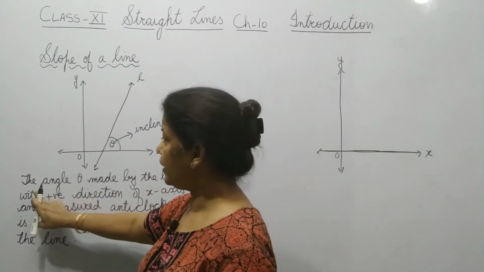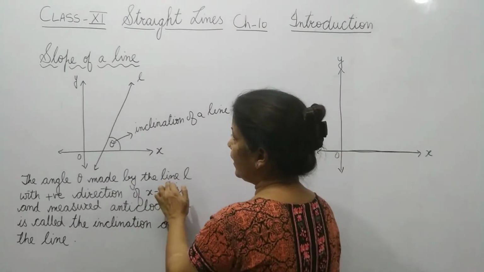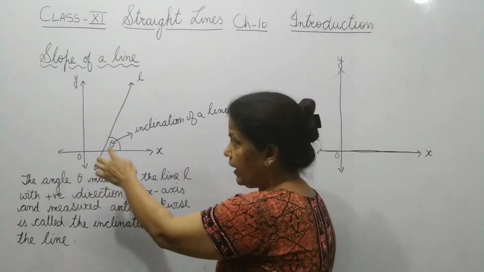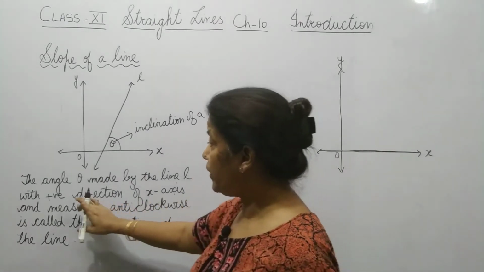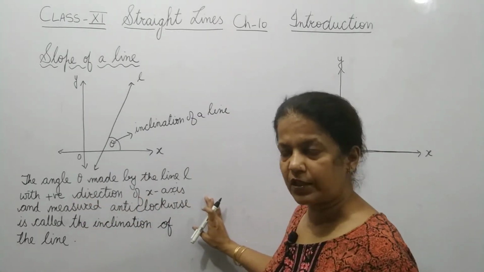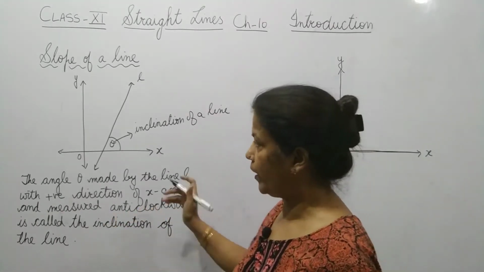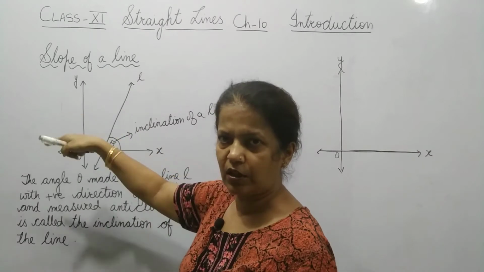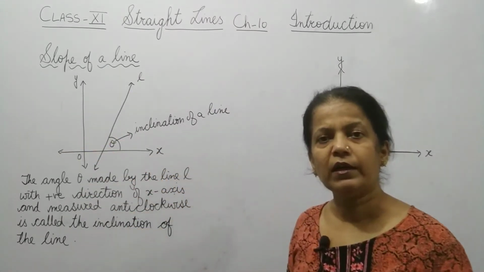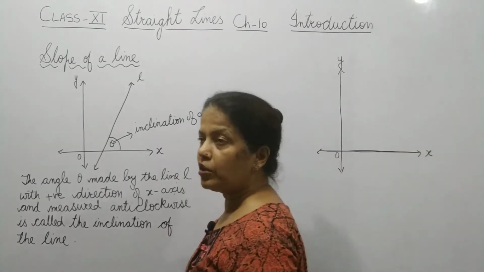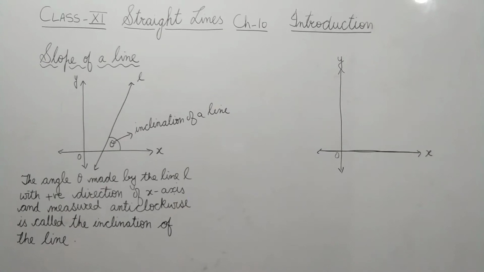So the definition is: the angle theta made by this line L with the positive direction of x-axis and measured anti-clockwise. Anti-clockwise means in this way. Then it is called the inclination of the line. Is it clear? So theta is the inclination of the line.